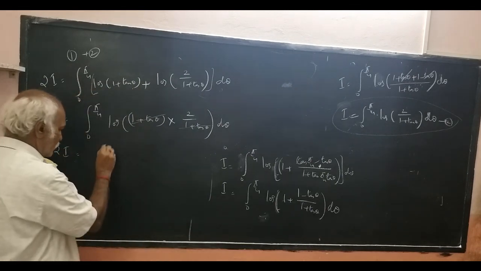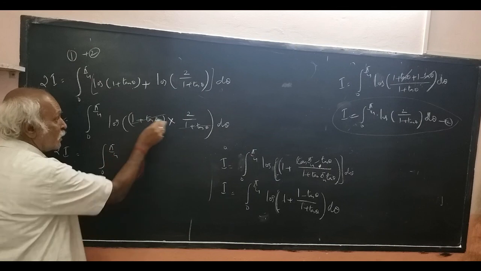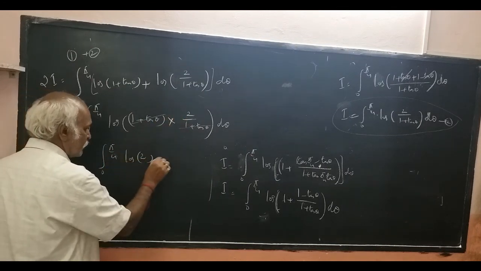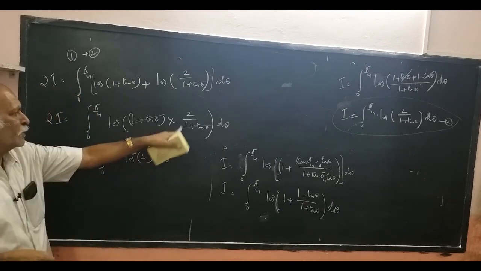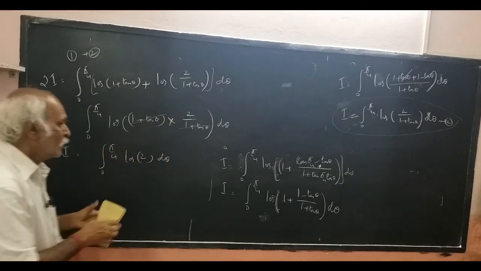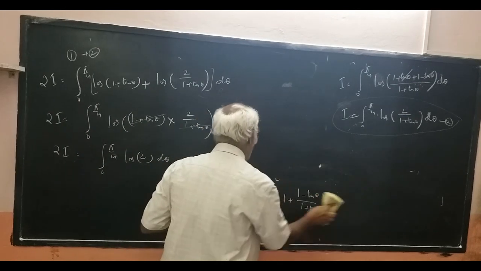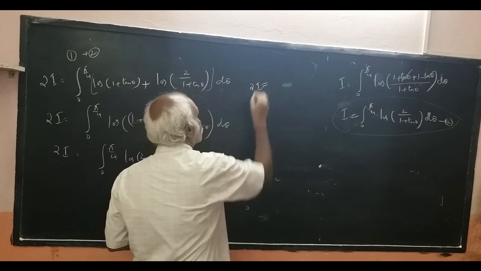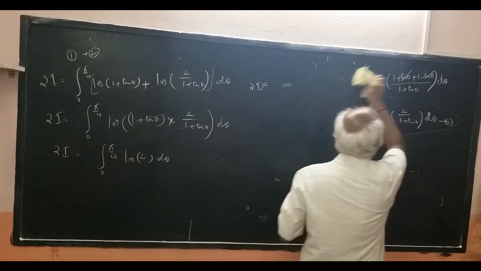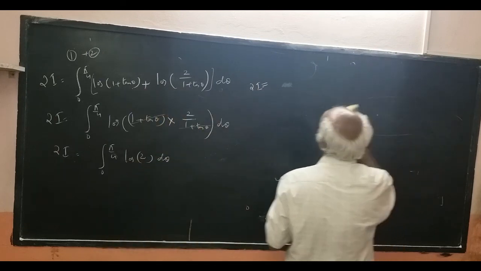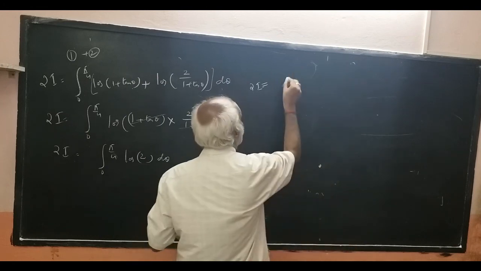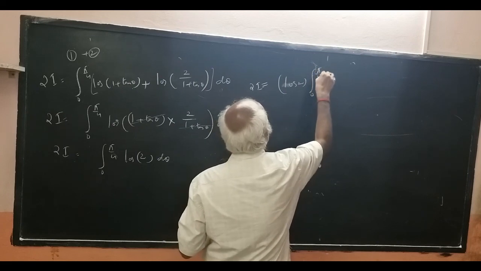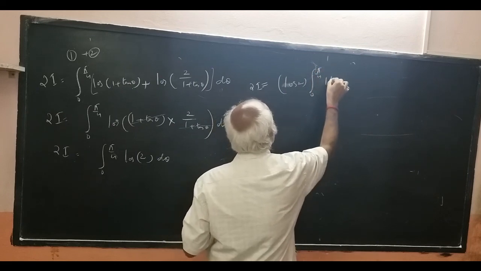2i is equal to 0 to pi by 4, log 2 will be left over. These two will get cancelled. Only log 2 will be left over. So again, this becomes 2i is equal to log 2 outside, integration of 0 to pi by 4, 1 d theta.